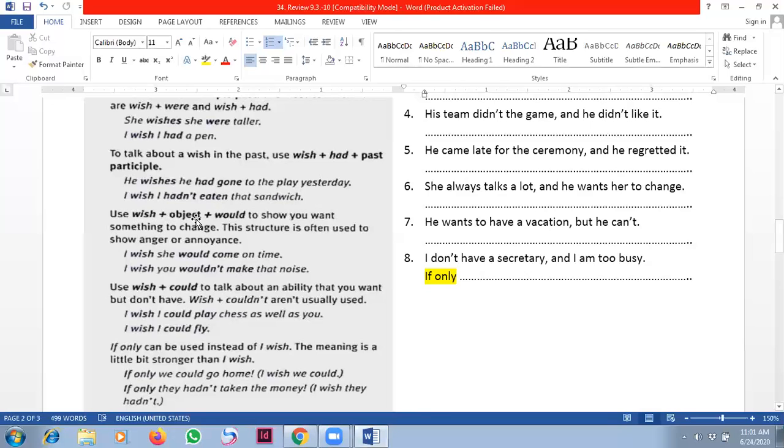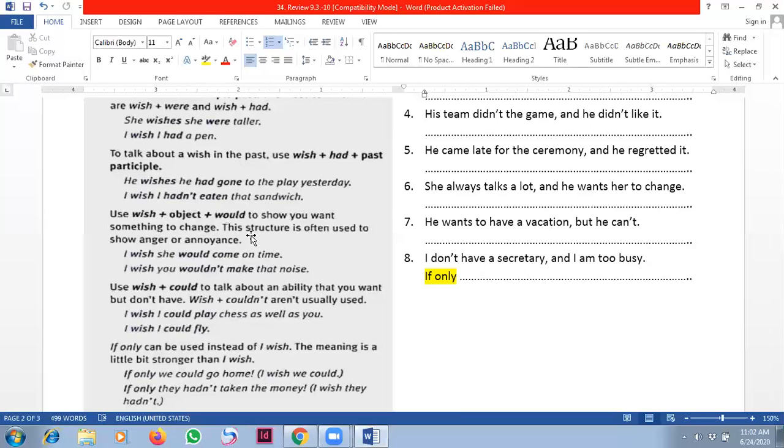Use wish plus object plus would to show you want something to change. So if you use would, it means you want to change some kind of habit. If you see your friend comes to class late every day, that is his habit.